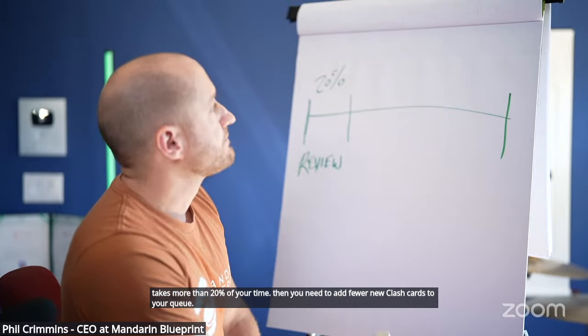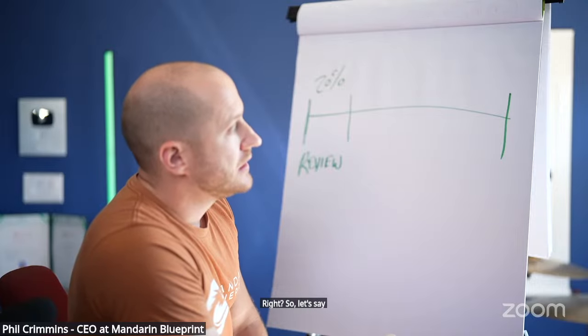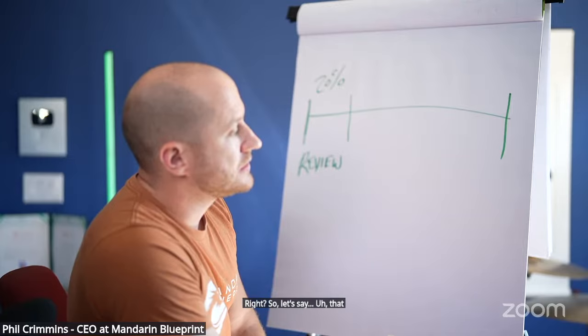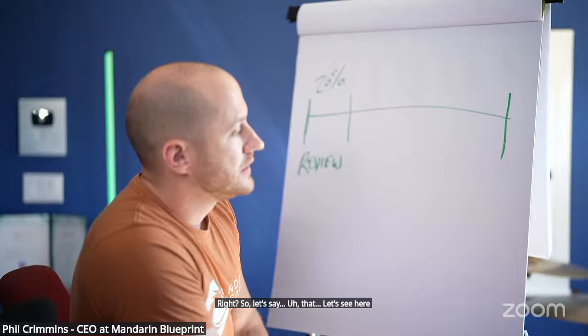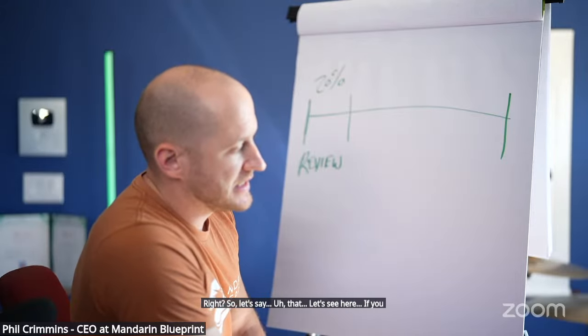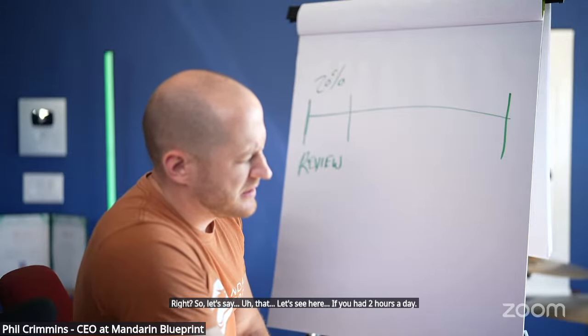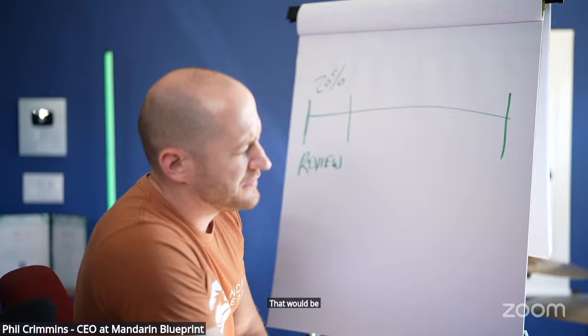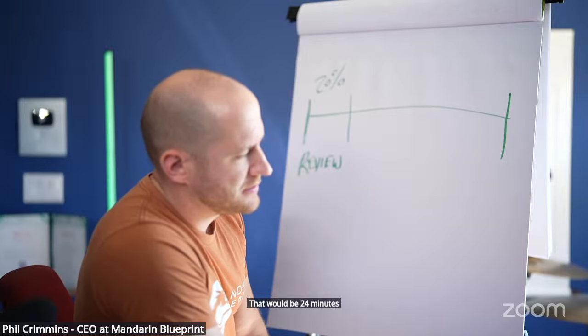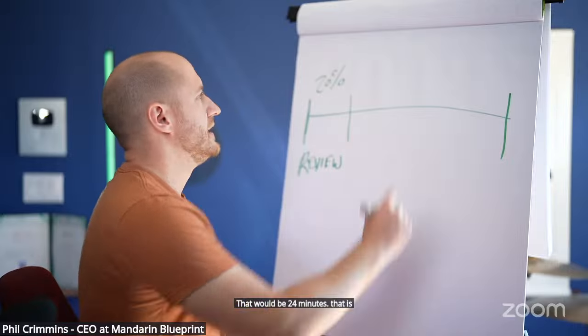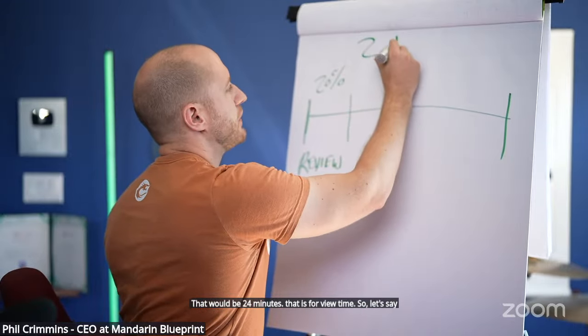So let's say, if you had 2 hours a day, that would be 24 minutes. That is review time. So let's say this is a 2 hour window.